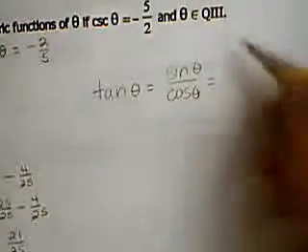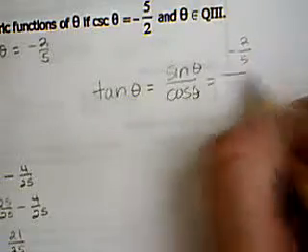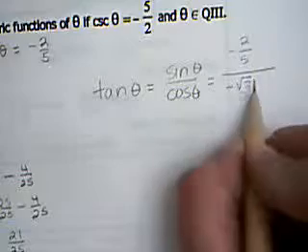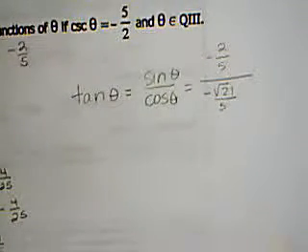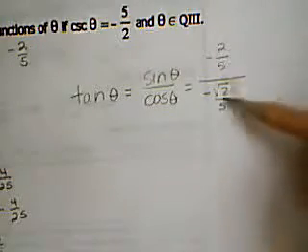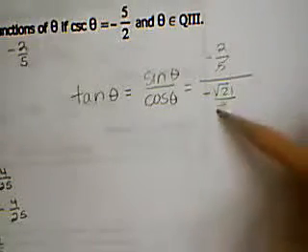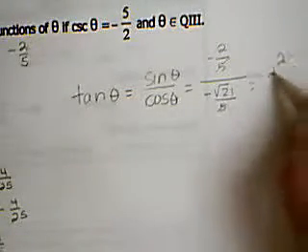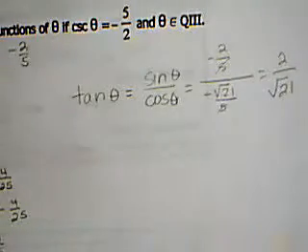And so we already know that the sine is -2/5, and the cosine is negative square root of 21 over 5. Complex fraction here, we know that if we're dividing and we have the same denominator, we can divide those out. Two negatives would give us a positive 2 over the square root of 21.